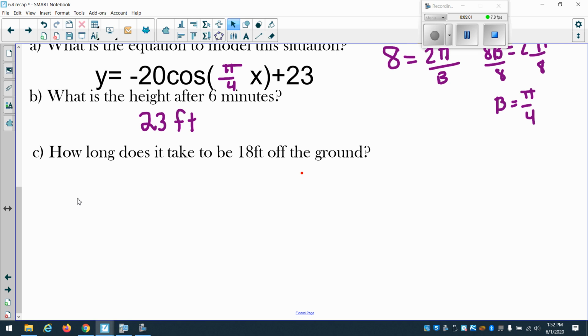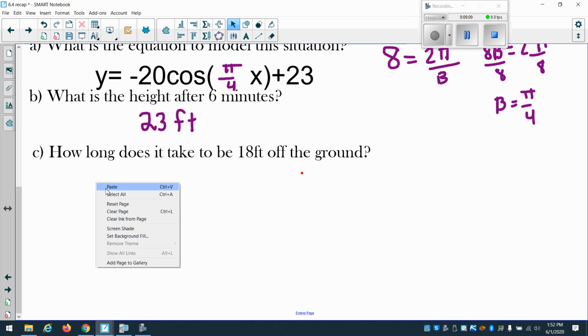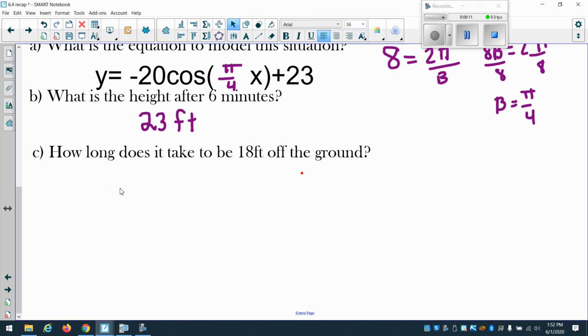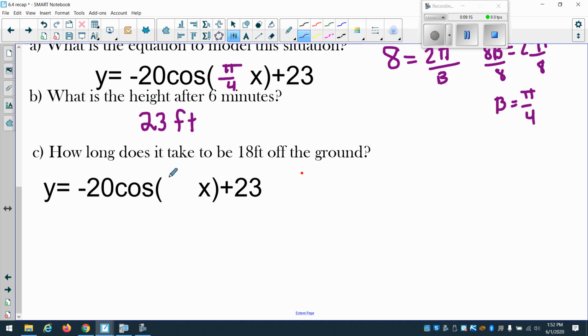So you're going to enter this first equation. Okay, and I'm just going to include pi over 4. This is y1. And y2 would be 18.